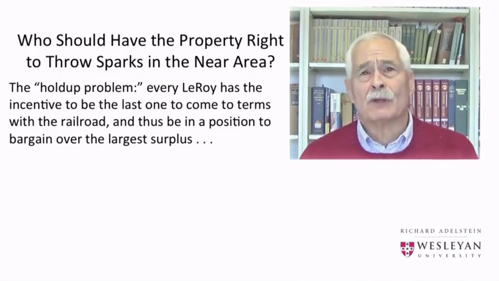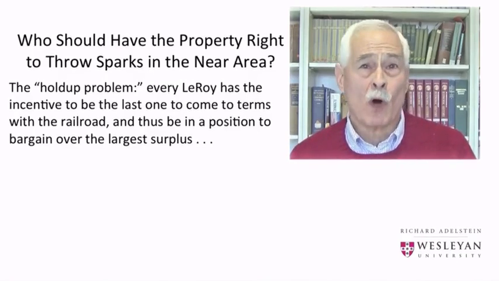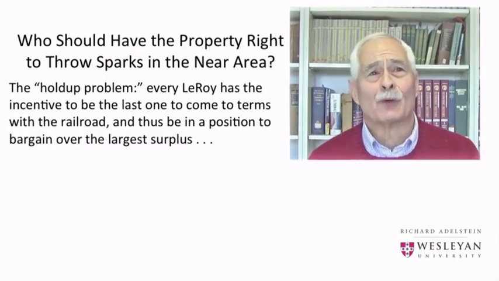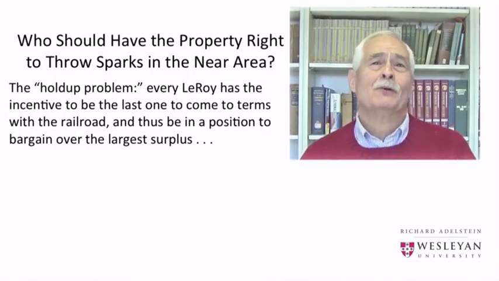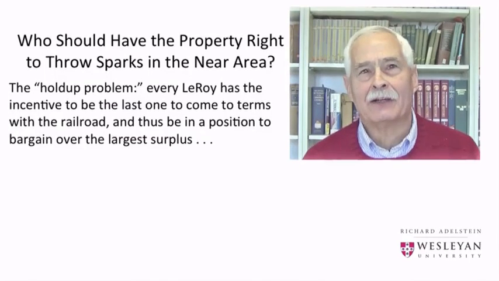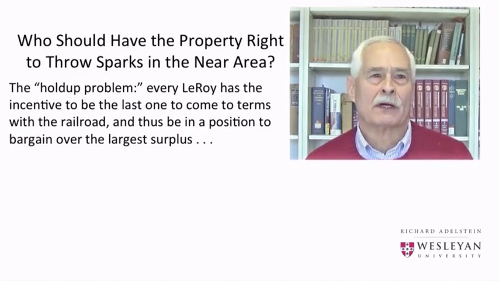In principle, Leroy number 3 would like to be Leroy number 100, in which case all 99 of the other Leroys will have made a deal, perhaps for $2,000, which would leave a huge surplus in the railroad's can available to be bargained over with Leroy number 100.